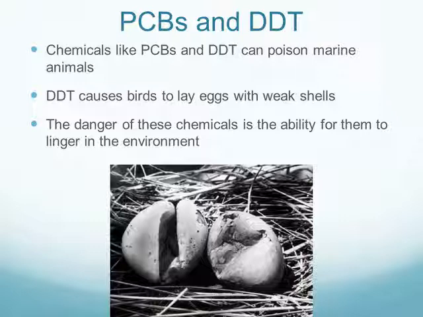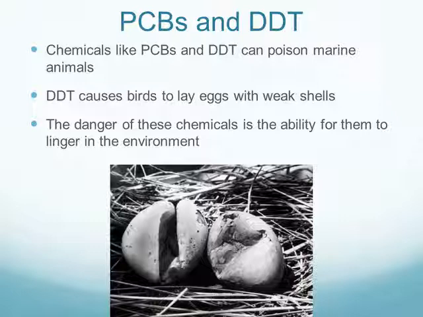And these particular chemicals are very damaging to the environment because they linger for many years. So it takes them probably decades to come out of the environment. I know DDT, I think, took 10 to 20 years before all of the DDT disappeared from the environment. And then the bird population also came back.